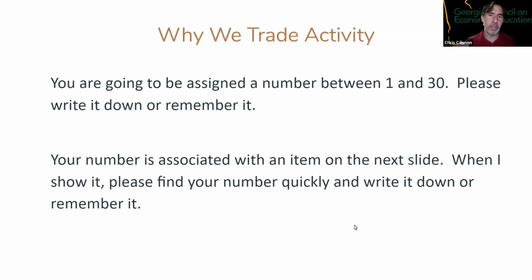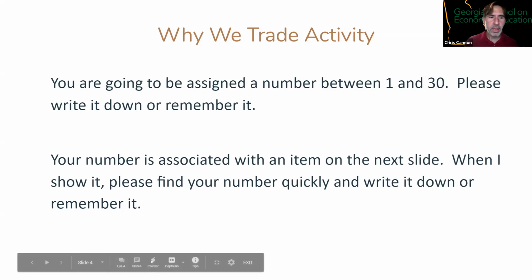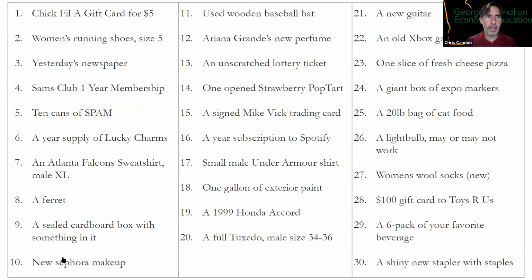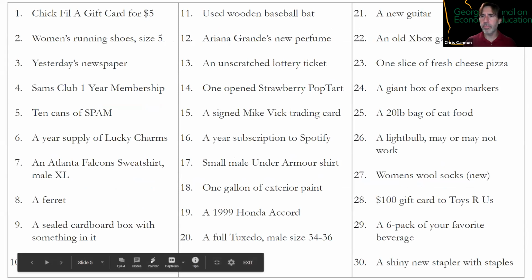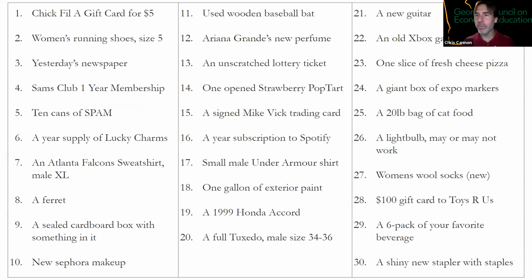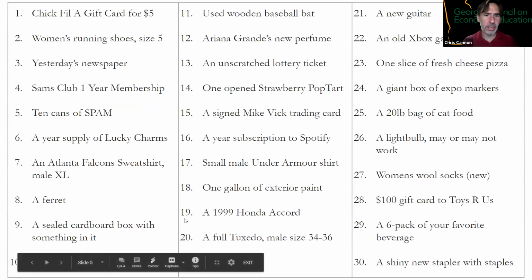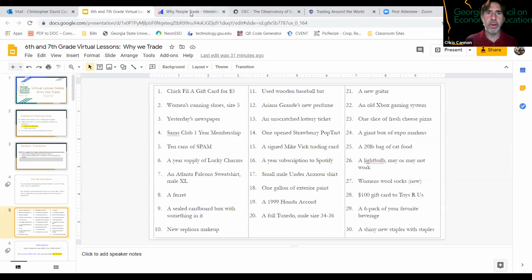So jot it down, commit it to memory, hum it, make a song about it, whatever you need to do to remember it, okay? Here we go. All right, so find your item, commit it to memory. Sorry, Charles. I think I said I'm 21, okay? All right, find your item, jot it down, remember it, because that's going to be very important. And it's going away now. All right, awesome.